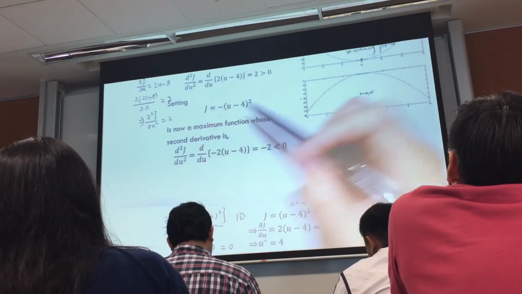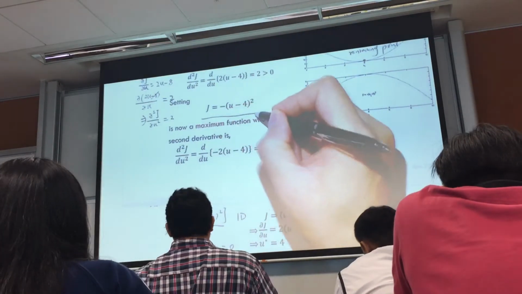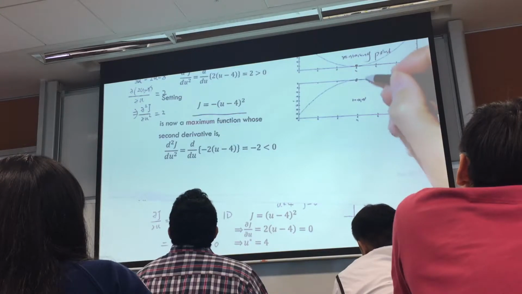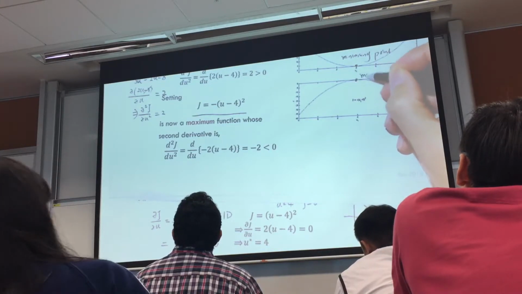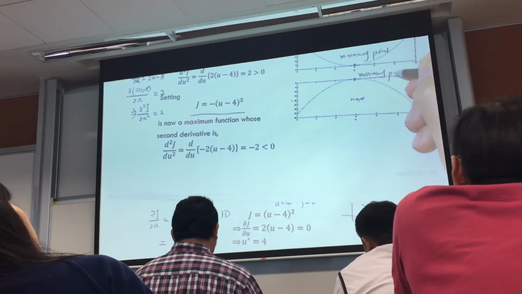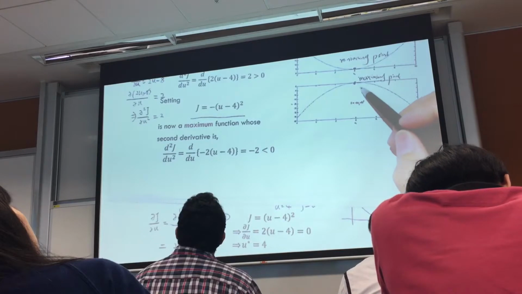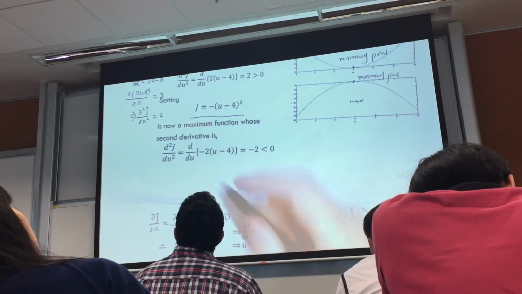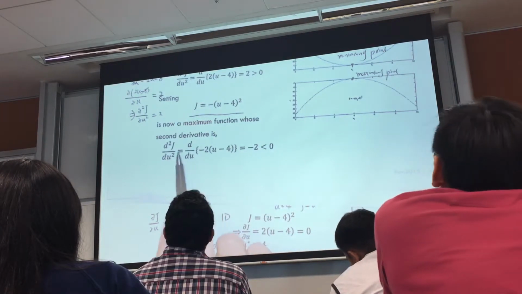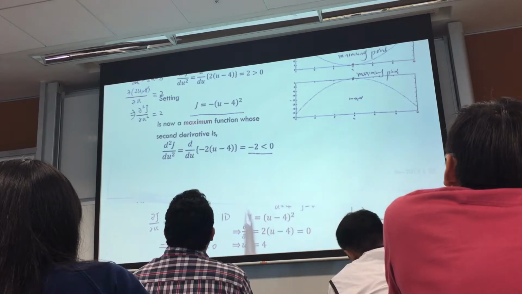Similarly, we may have another example. If we define this function like this, now this point becomes a maximizing point. How can we verify this? We just do the same derivation. We will find that now the second derivative is equal to minus 2, so it's smaller than 0.